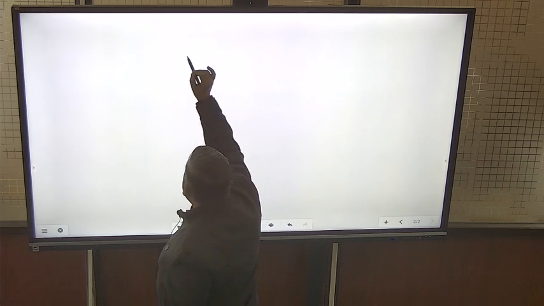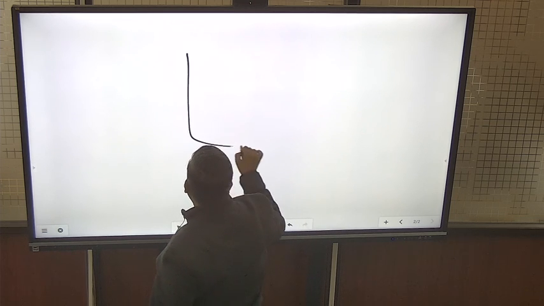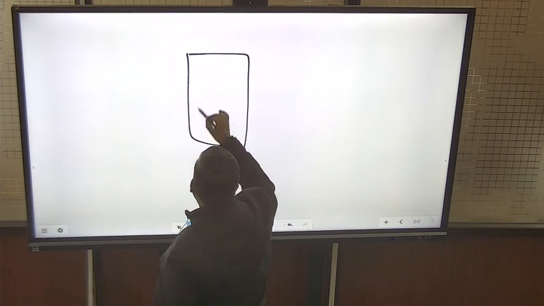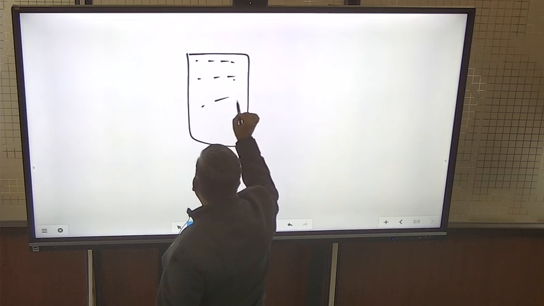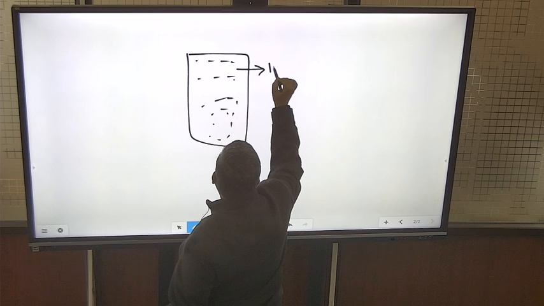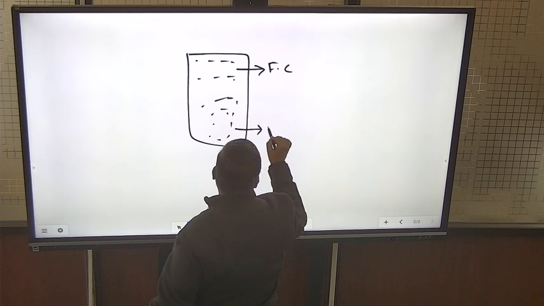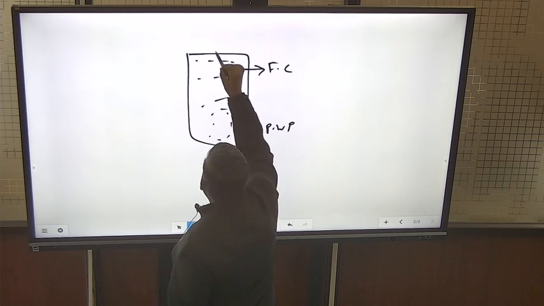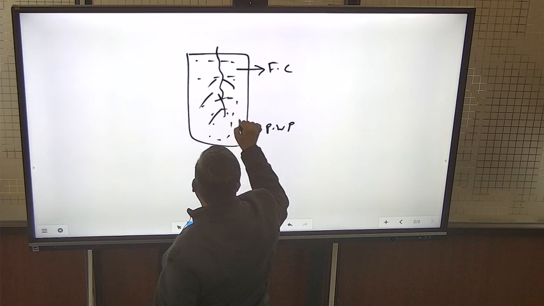So how does this soil moisture depletion occur? Suppose this is the soil column and it is irrigated, and after irrigation it reaches the moisture content at field capacity, and here is the permanent wilting point, and a plant is growing in this soil.